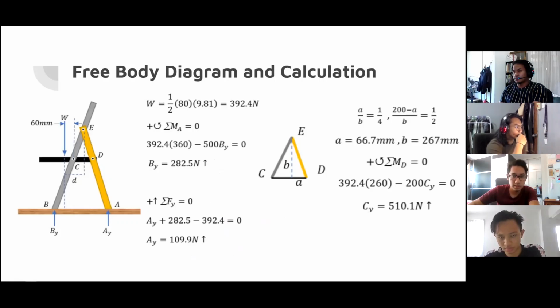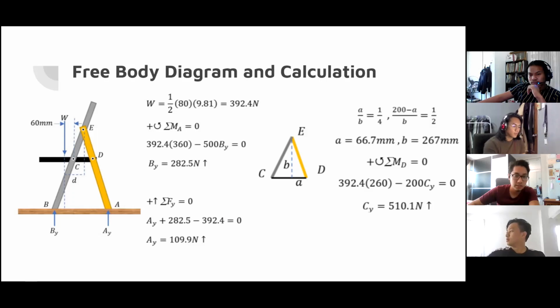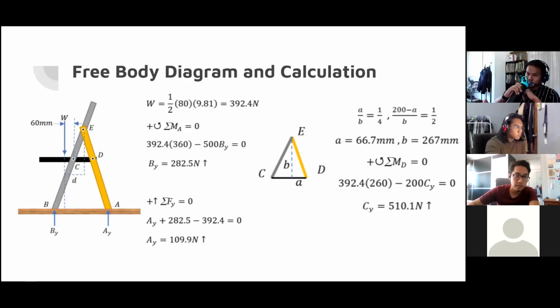We are going to calculate the moment at A. Take the force times the 360 minus 500 By equal to 0. Then we get By equal to 282.5 newtons going upward.